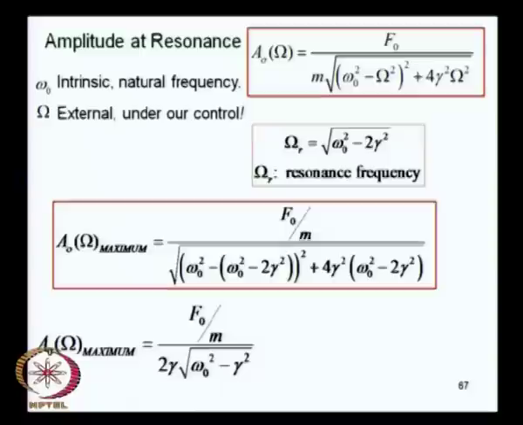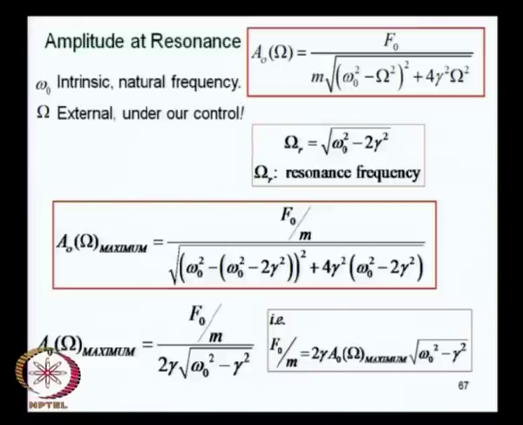So, we set dA by d omega equal to 0, solve it for that particular condition, and up comes the answer. There is nothing else that we have done in this entire analysis. So, this is the maximum amplitude. There is no need to write every term down or check every term. It is something for you to sit down and catch up and derive for yourself.